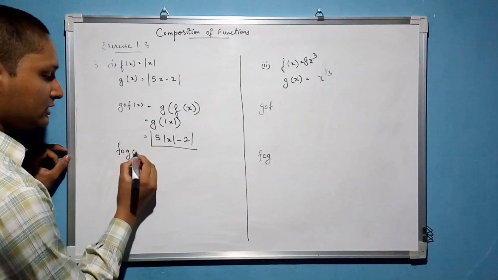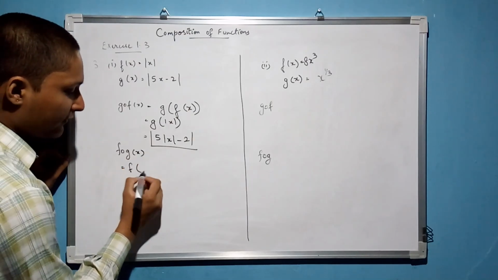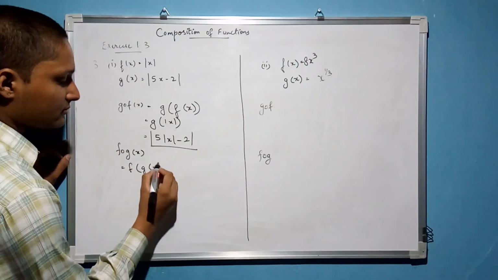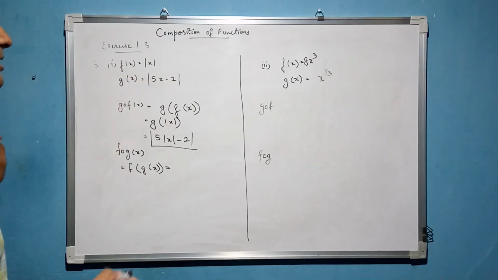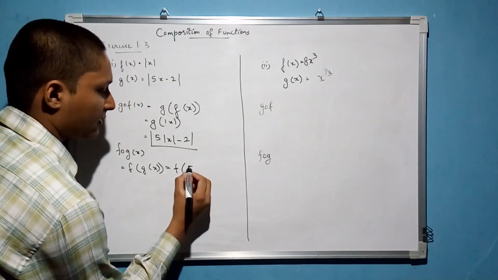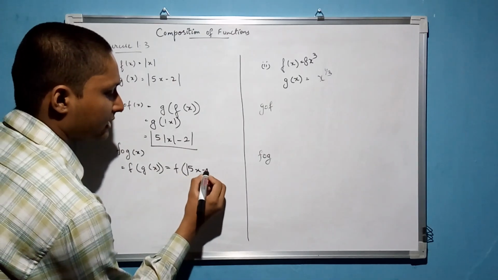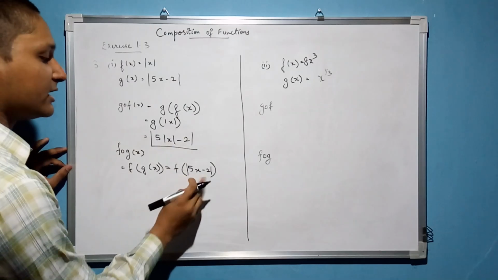Now we need to find f∘g of x. What is f∘g of x? It comes to be f of g of x. What is g of x? g of x is mod of phi x minus 2. So it becomes f of mod of phi x minus 2. So in place of x, I'm just going to put phi x minus 2.